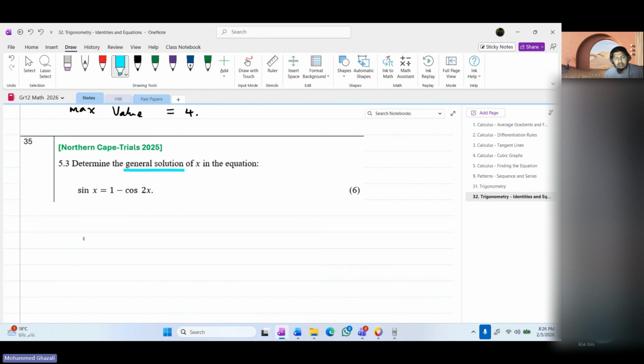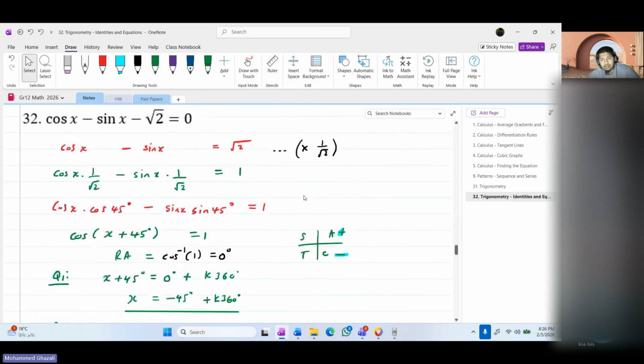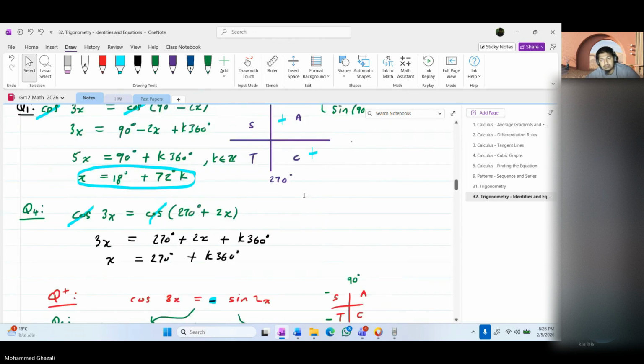We want to find the general solution. Now we got a cos 2x and we got a sin x. We can't do anything with the sin x here. We got a cos 2x here. So what should you expand the cos 2x in terms of? I told you we got a sin x on this side, okay? Let's bring the formulas down.